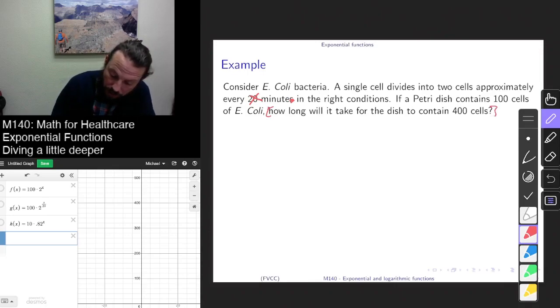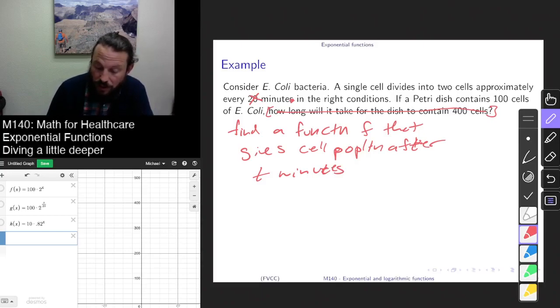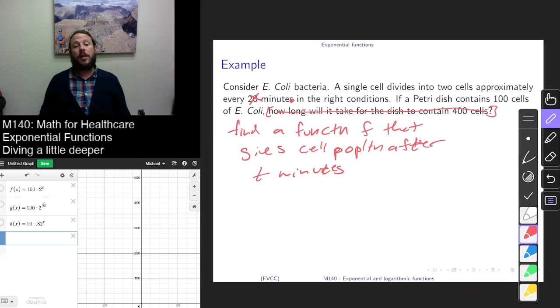What we want to answer is: find a function f that gives the cell population after t minutes.